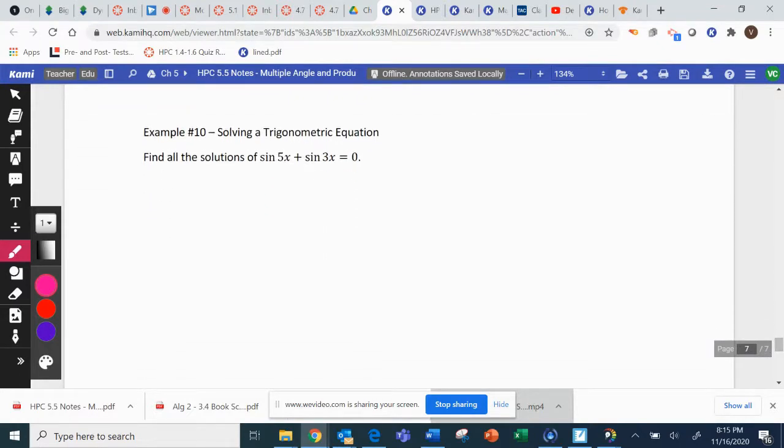And then example number 10 is solving a trigonometric equation. We're going to find all the solutions of sine 5x plus sine 3x. These are sums, and I can use the sum to product formula. This one has sine x plus sine y, so I'm using the first of those formulas.